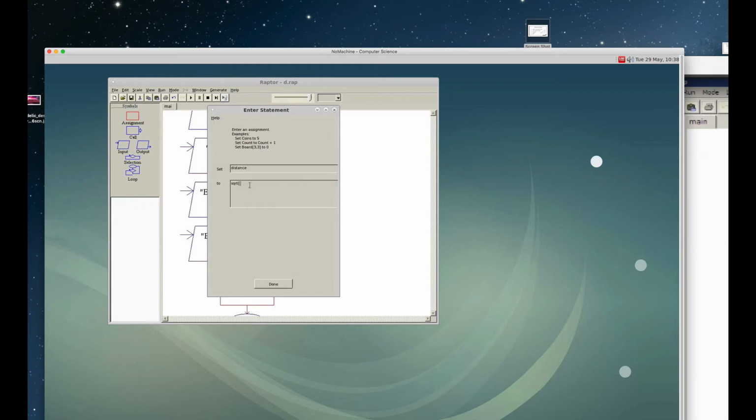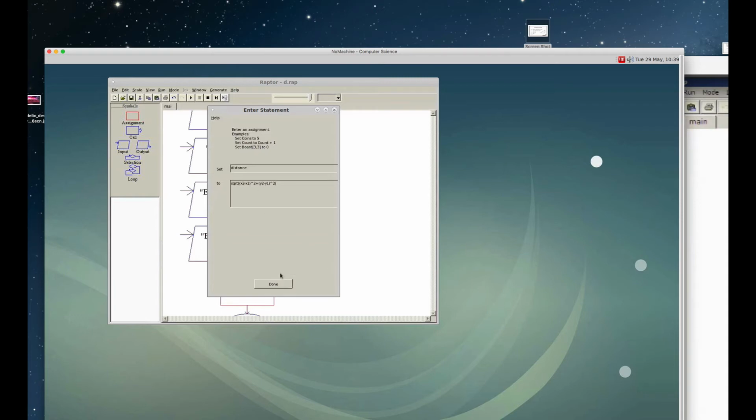So bracket, and in the second bracket we put x2 minus x1 square, and plus y2 minus y1 square, and close the bracket.